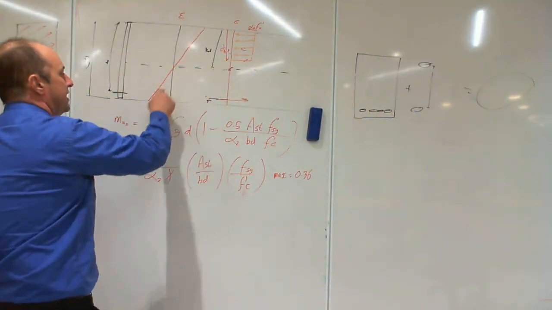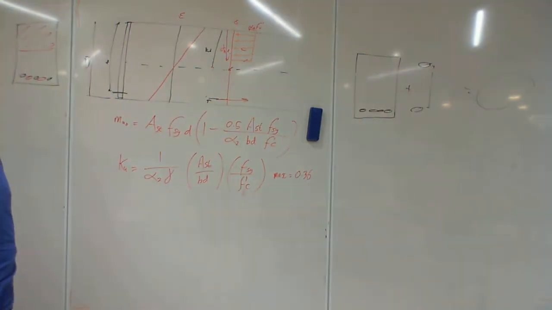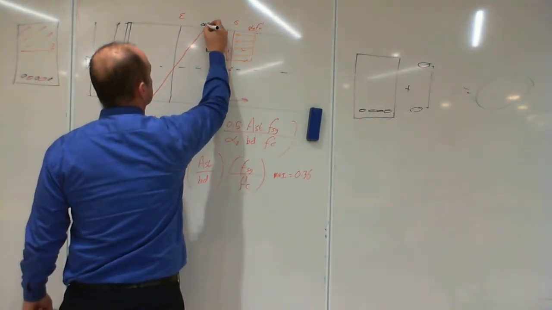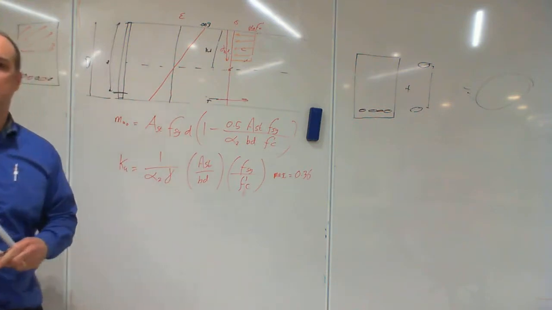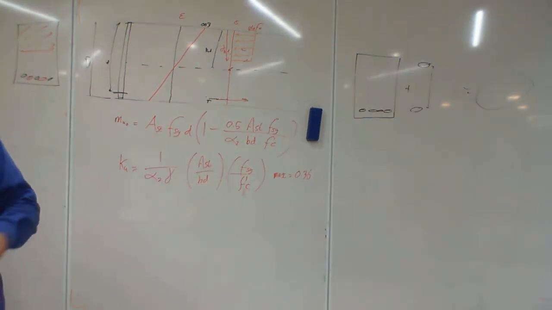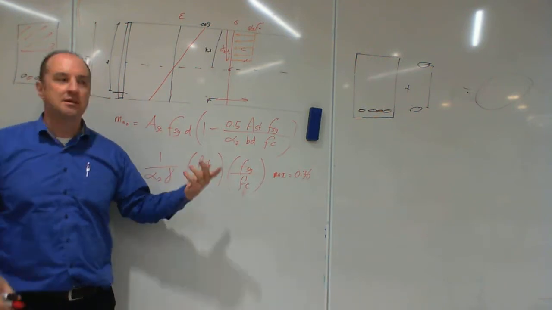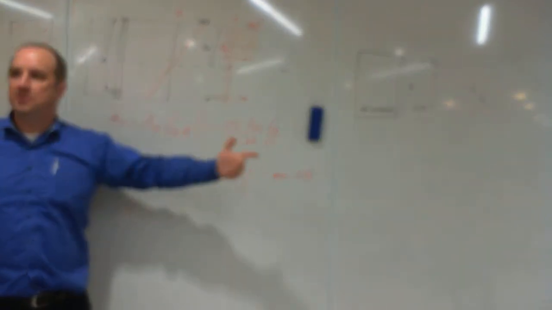The strain here, when concrete is working really hard, gets to the maximum force it's going to take, it's got a strain of 0.003. Strain has no units because it's length over length. It's 0.003 meters per meter.